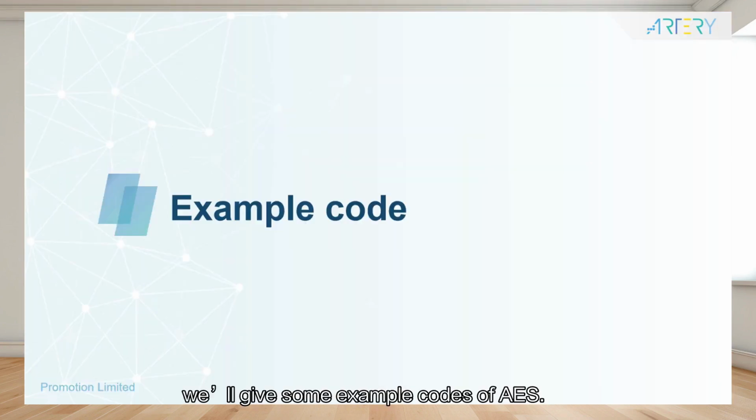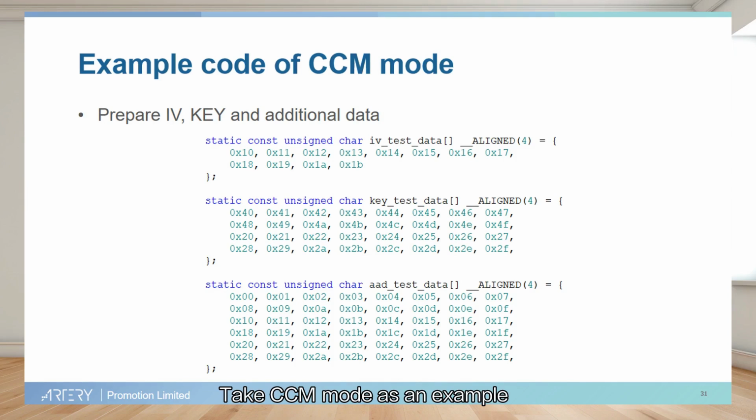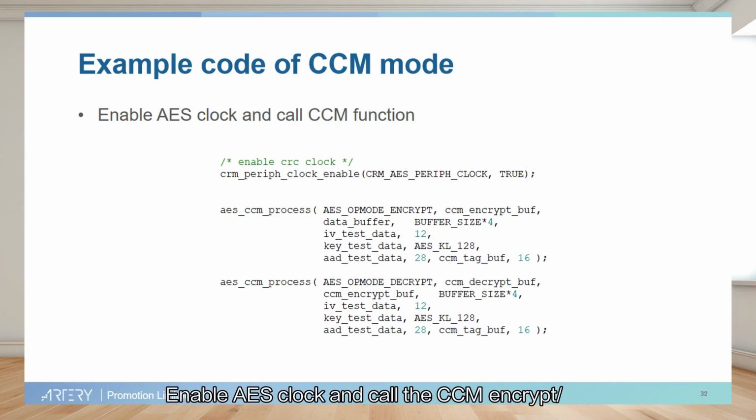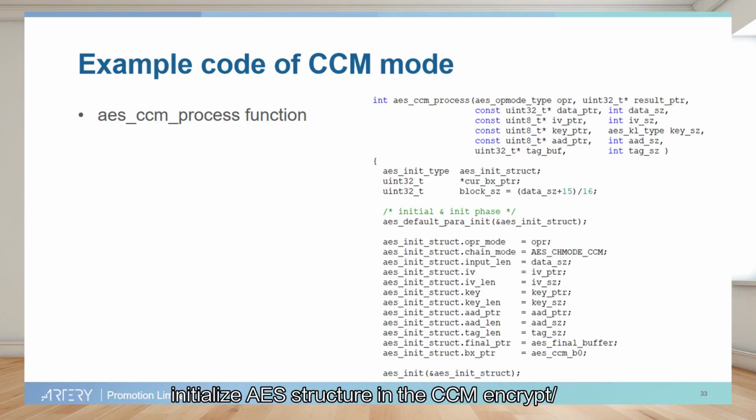Next, we'll give some example codes of AES. Take CCM mode as an example. We need to prepare the initialization vector, key, and additional data. Enable the AES clock and call the CCM encrypt or decrypt processing function in the main function. Firstly, initialize the AES structure in the CCM encrypt or decrypt processing function.